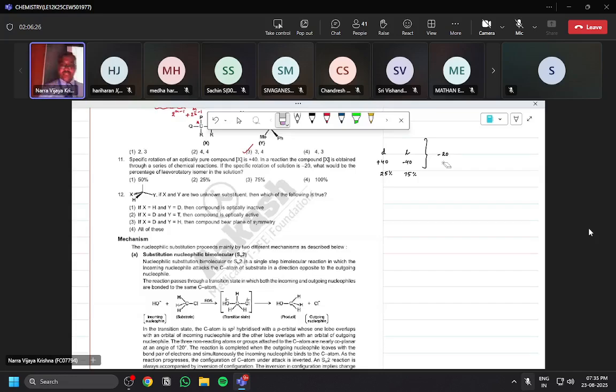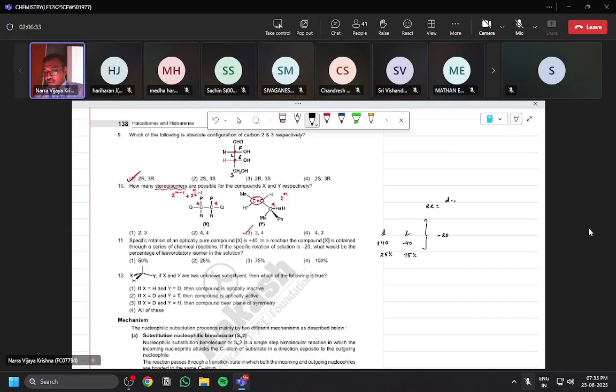Correct or not? So what is the formula? Enantiomeric excess equals D minus L upon D plus L into 100. Right? I am getting minus 20. Means how much L form is in excess? 50% of L form is excess.